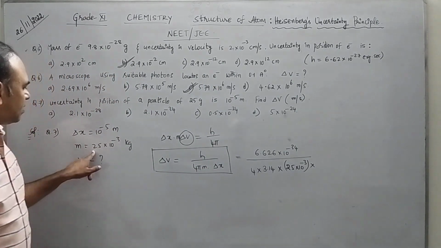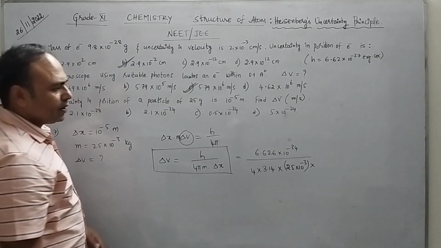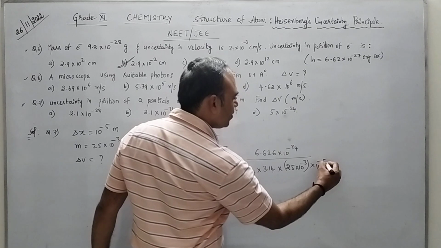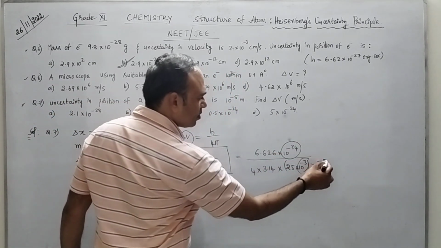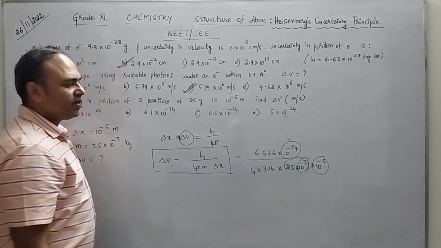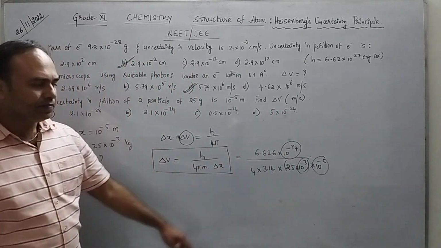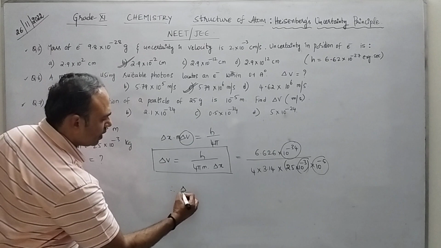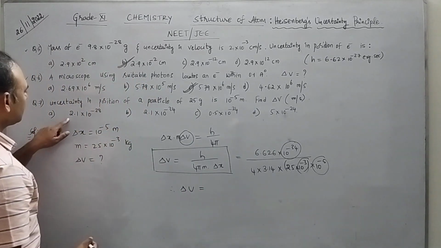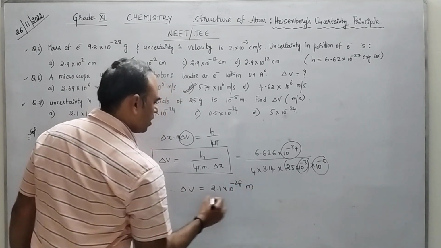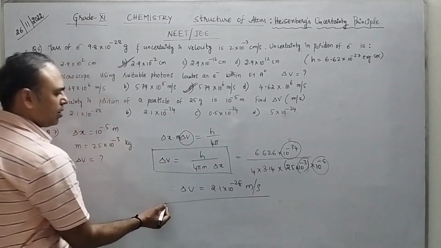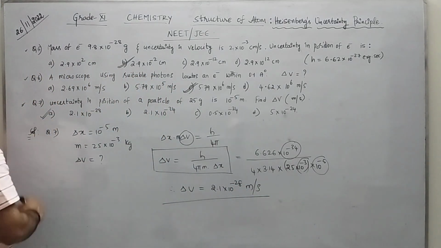Next, delta x, the uncertainty in the position, is 10 to the power of minus 5 meter. First solve the 10 to the power of minus and plus, after that solve the numerical. Now delta v, finally we get it as 2.1 into 10 to the power of minus 28 meter per second. Answer is A. Hope you have understood.